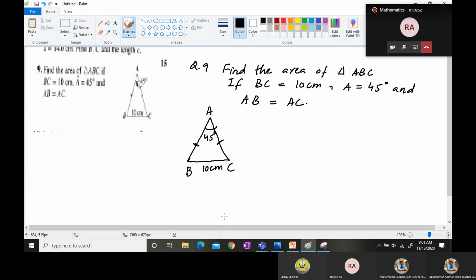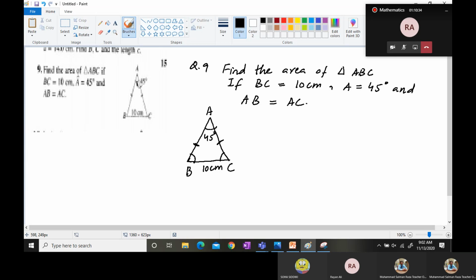So, guys, we need to find the area of this unknown triangle where AB is AC. Now, we know that these two angles are the same. So we can find them out like this: 10 is mentioned over here and this is 45.